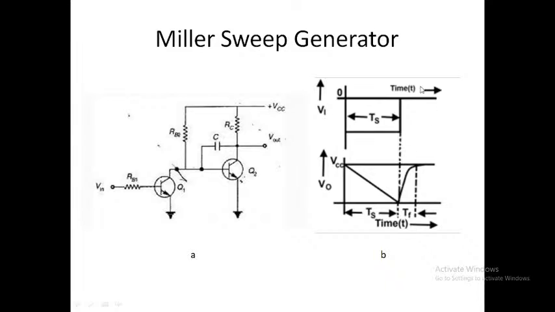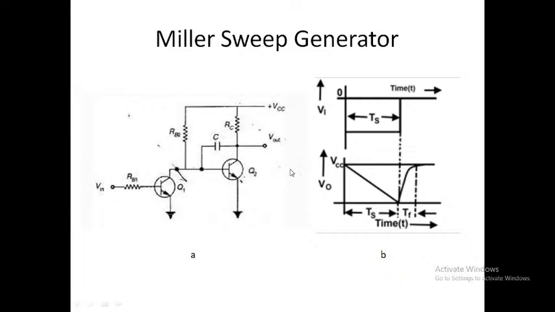When transistor Q1 is on and Q2 is off, the output voltage is equal to VCC. The output voltage will be maximum because Q2 is off.